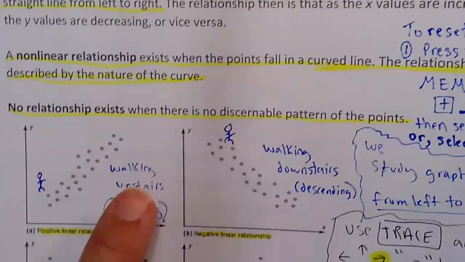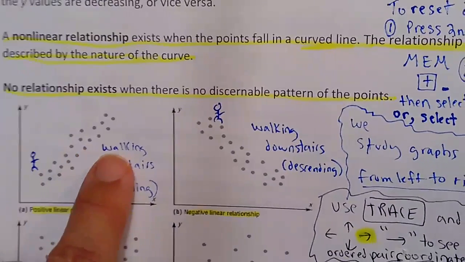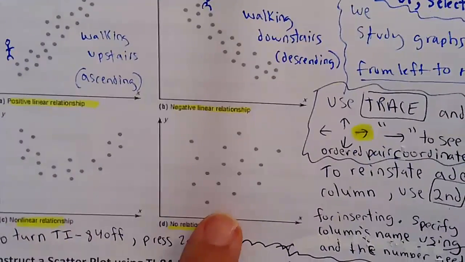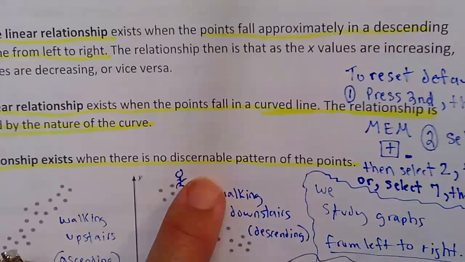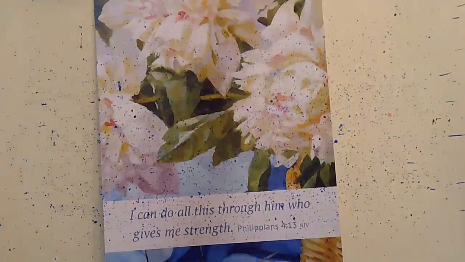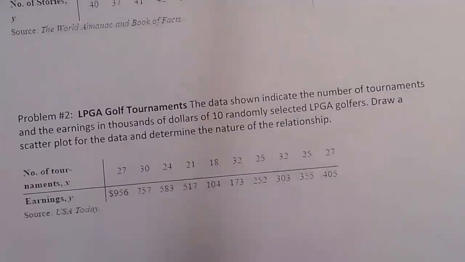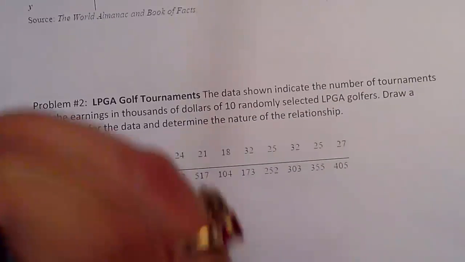So I showed you positive, negative. Now I'm going to show you no relationship. No relationship exists when there's no discernible pattern of the points. So the example I want to show you for that is on page 52, and this would be problem 2.